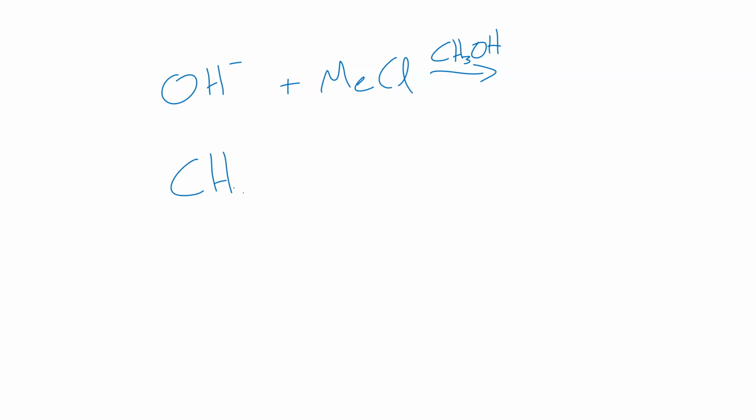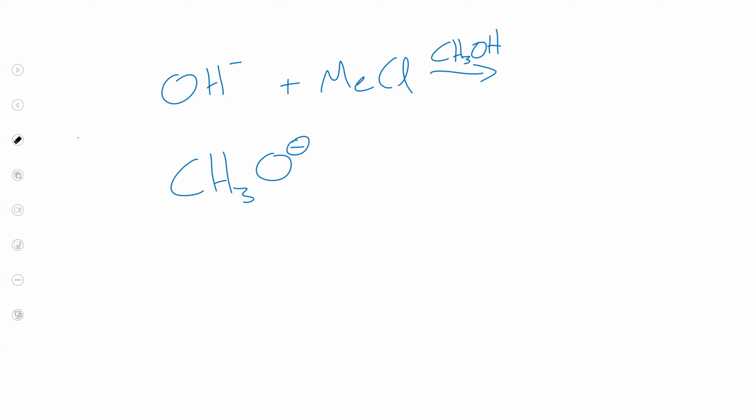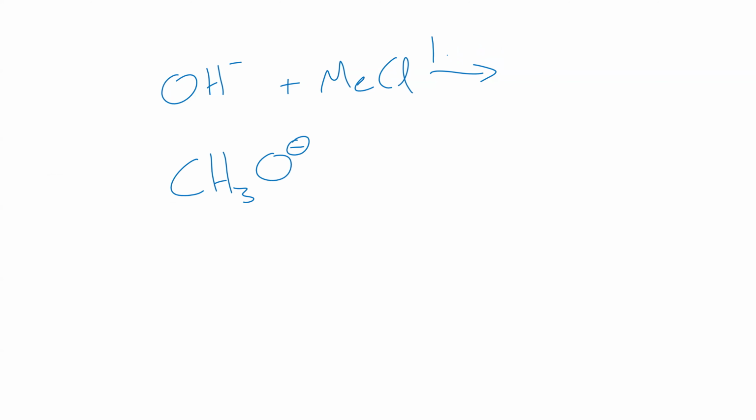And so then this would be our nucleophile. That's not going to give us the same product, right? But if we did this top reaction in water, if we just use water as our solvent, what do we get when hydroxide steals a hydrogen from water?